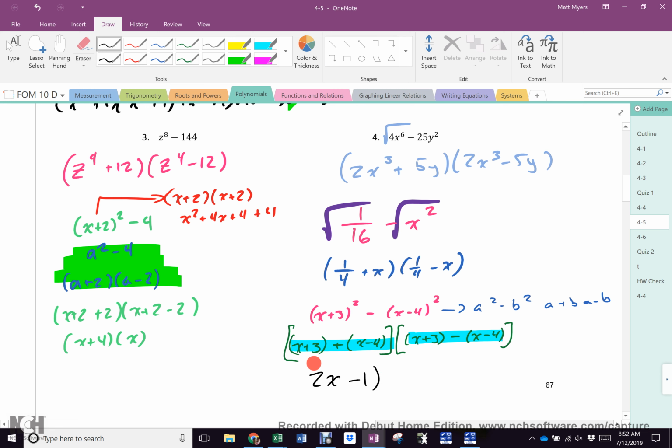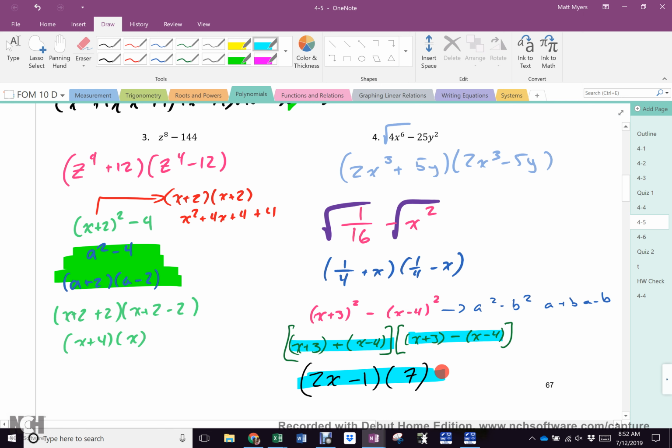Negative 1. What is x minus x? 0. They disappear. What is 3 minus minus 4? 7. And that is now done.